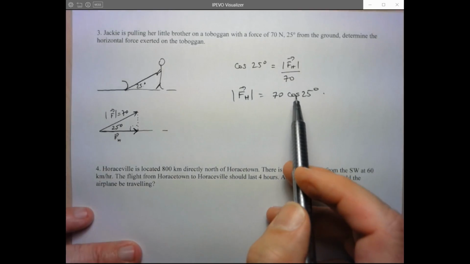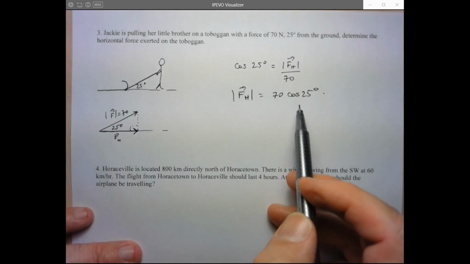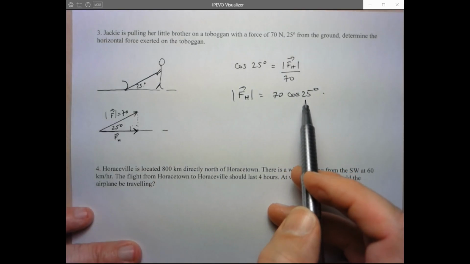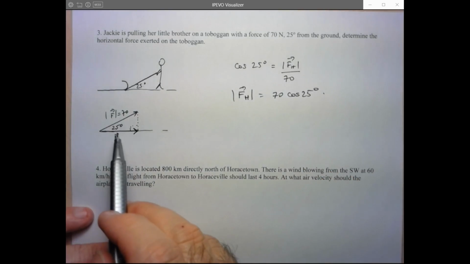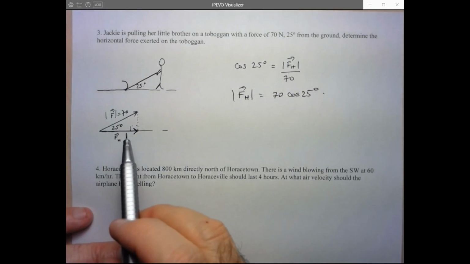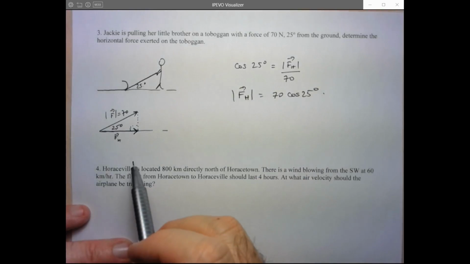It's 70 times the cosine of the angle. But where does cosine have its maximum? It has its maximum at 0 degrees. Cos of 0 is equal to 1. So when the angle from the ground is 0, you get the most out of the force that you're exerting. So the math fits what we expect intuitively.